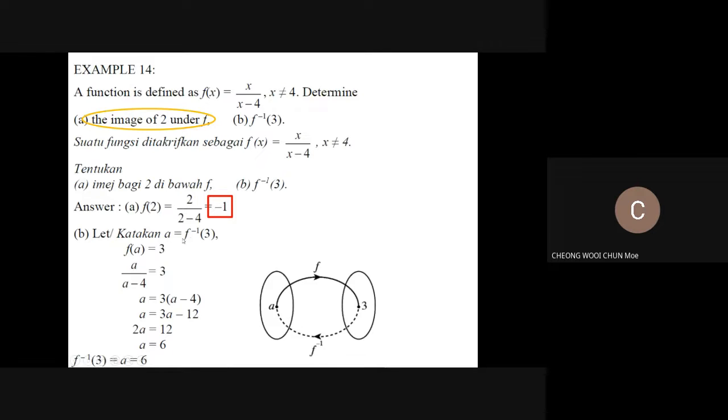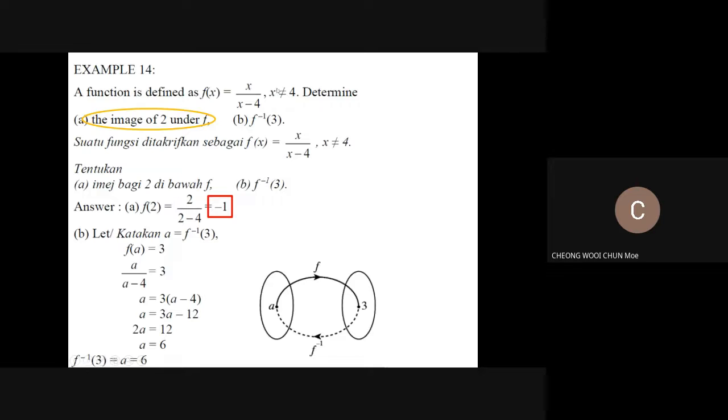A equal to inverse function f of 3, which means f of object A equals image 3. In this example, I use A only.